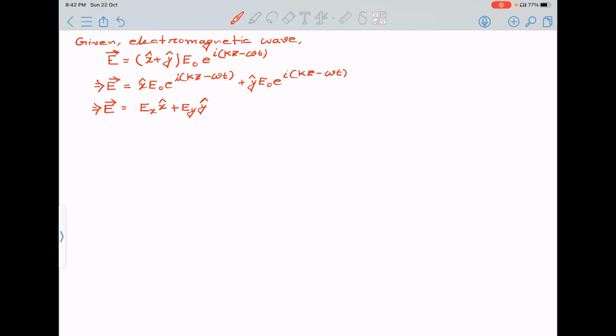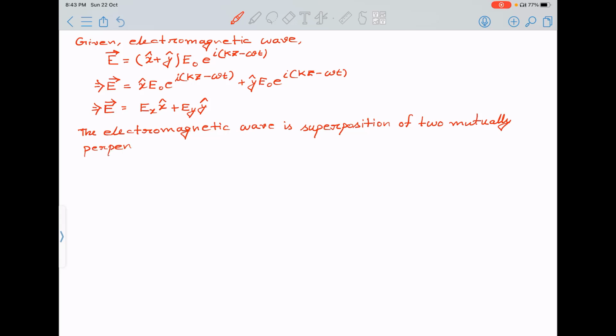Okay, so the electromagnetic wave is a superposition of two mutually perpendicular plane polarized waves.